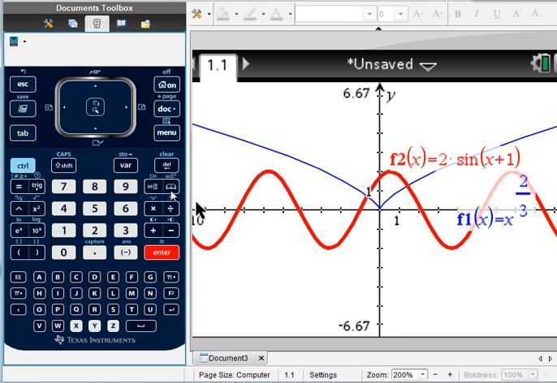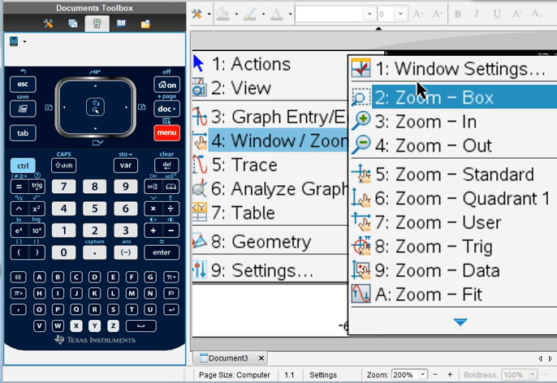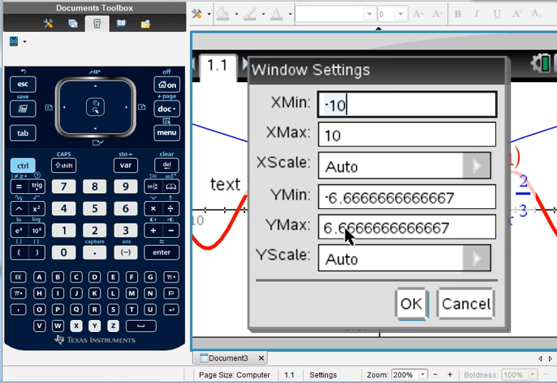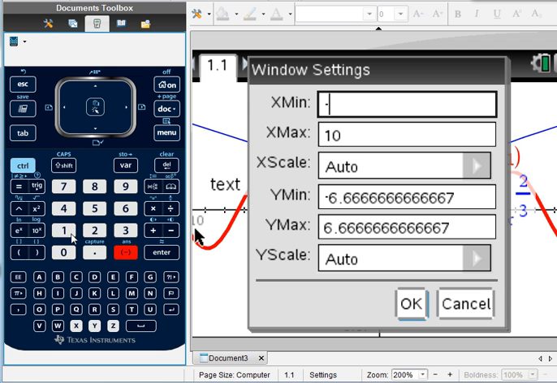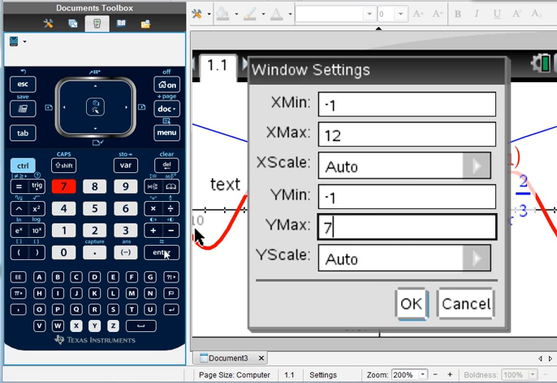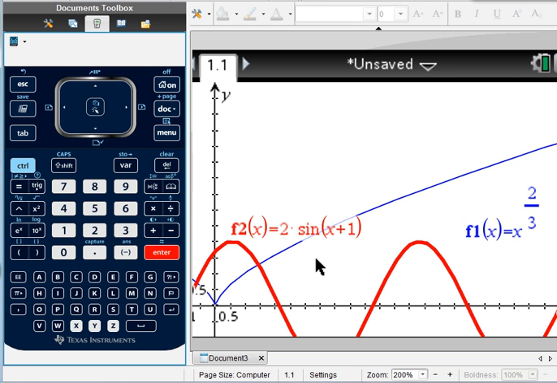Okay, so change your window size. Go from -1 for the x minimum to 12, and y minimum go from -1 to 7. Okay. So again, the other parts are just looking at that region right in there.